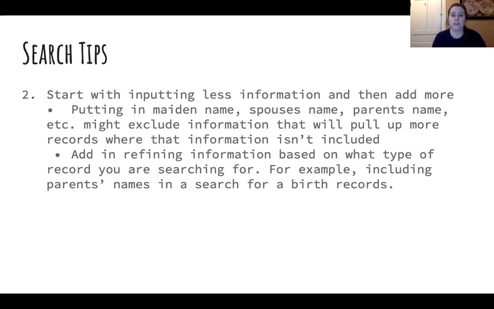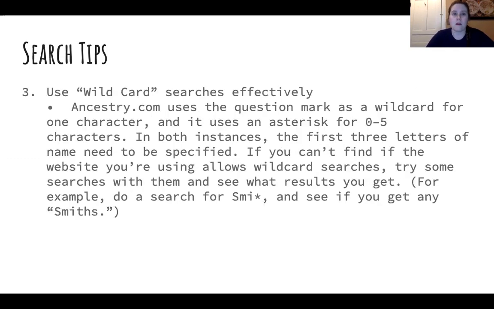So you really want to start with less, and you also want to be mindful of what information you're putting in as it relates to the record type. So for example, if you're looking for a birth record, you're going to want to put that ancestor's parents' names in as opposed to their spouse. So things like that.